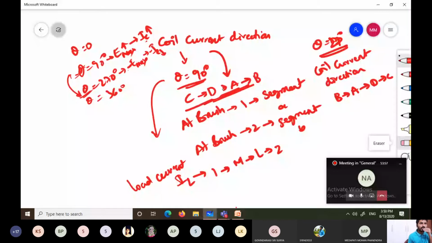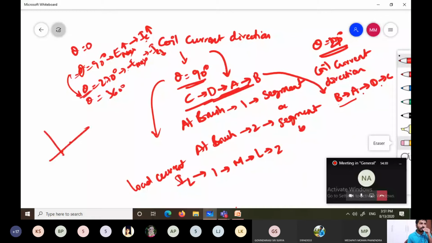So this is the exact coil current direction, which is opposite to that of the other coil current direction. At theta equals 90 degrees, the current direction starts from C to D, D to A, and A to B. It is quite opposite to the 270 current direction, B to A, A to D, D to C. So both coil current directions are opposed.